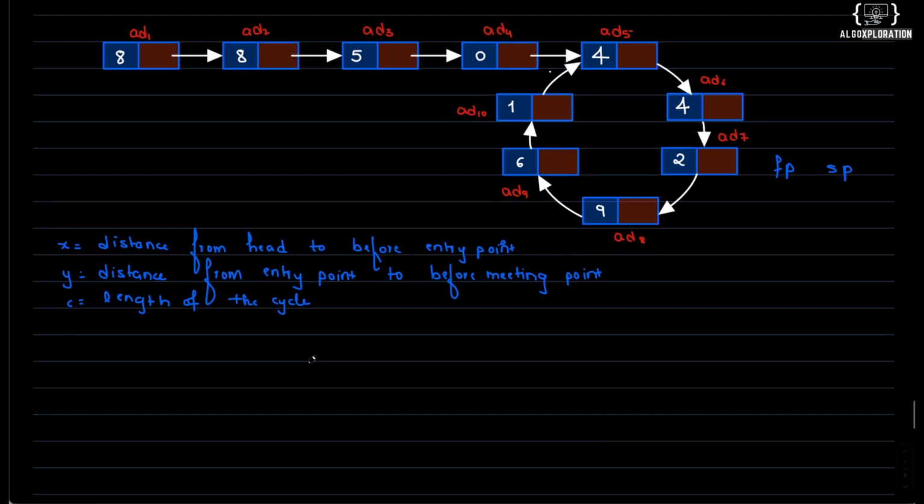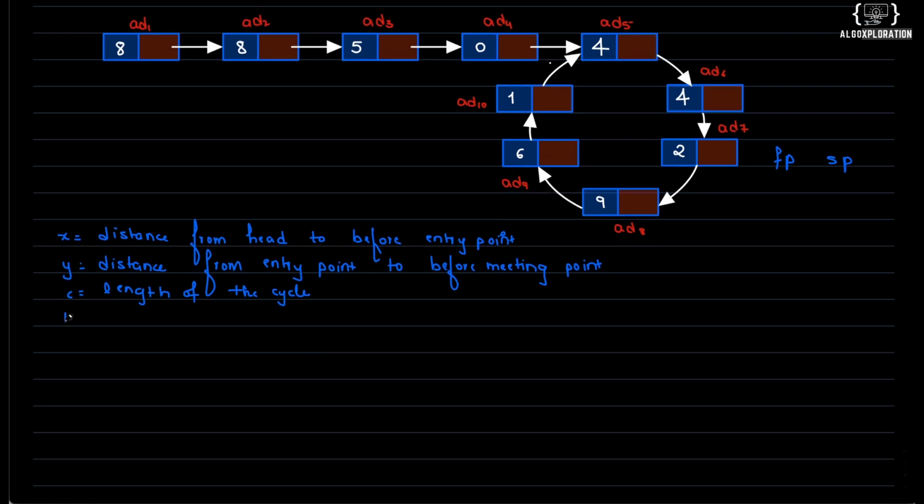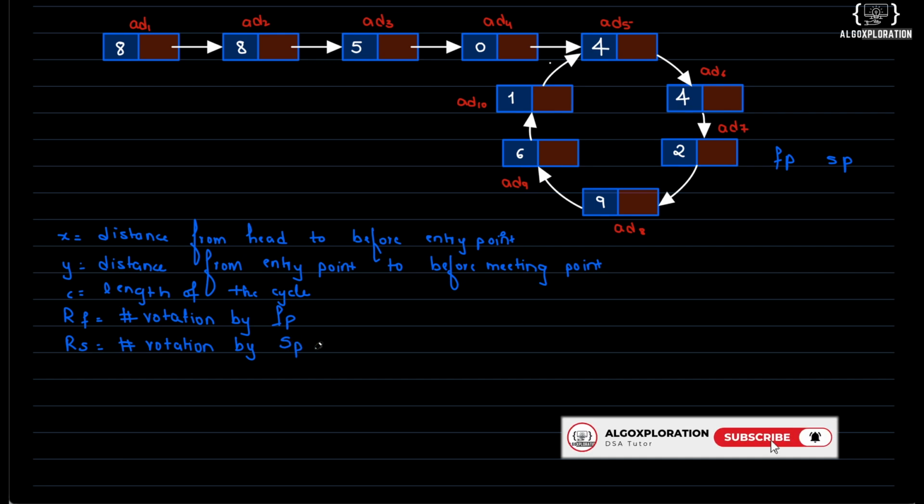Now I will have two more variables. Let's say rf, which means the number of rotations done by the fast pointer, and rs as the number of rotations done by the slow pointer. These are the 5 variables.